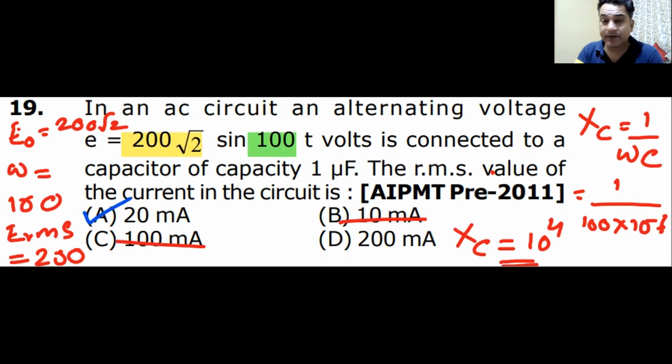To find the RMS current, I divide ERMS by XC and I get my answer. Do we understand this? I hope you are able to understand this simple question with a simple answer.